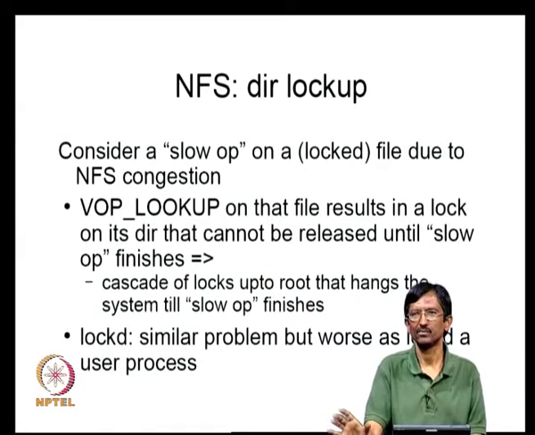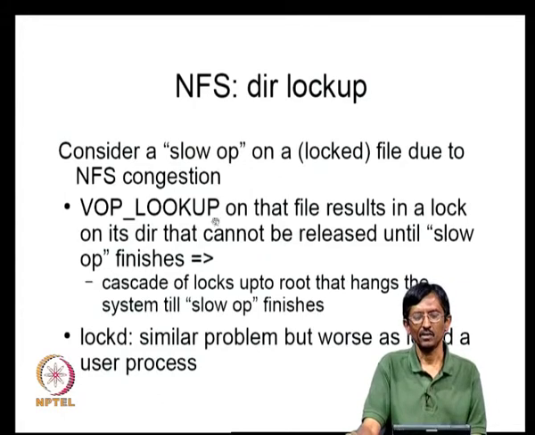For example, you could be picking up data through a network, and the network is sending you bits very slowly. That means the user has locked a portion of the file, and this will not be dropped till the operation completes. So, you can imagine some slow operation.